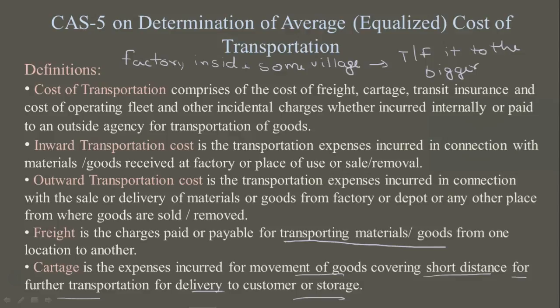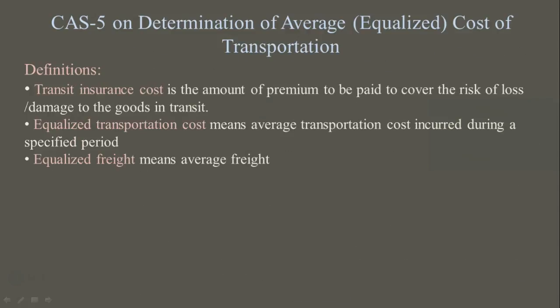Okay guys, more simple. Now we have the last three definitions. First definition is transit insurance cost. So what is transit insurance cost, guys? It is the amount of insurance to be paid to cover the risk of loss or damage to the goods in transit.